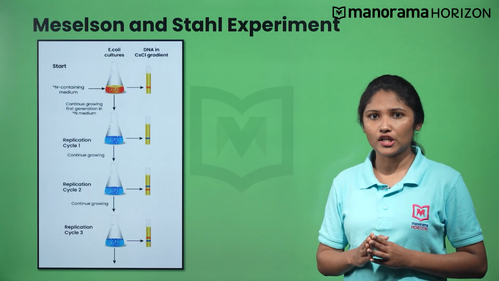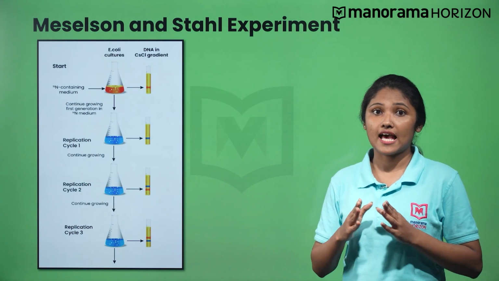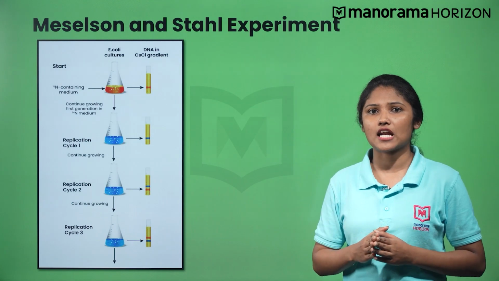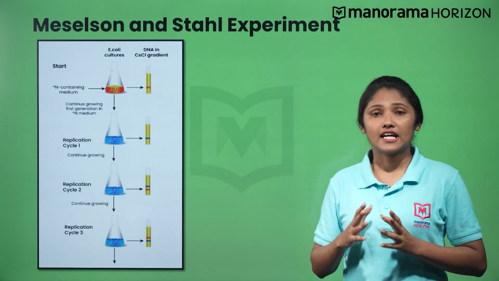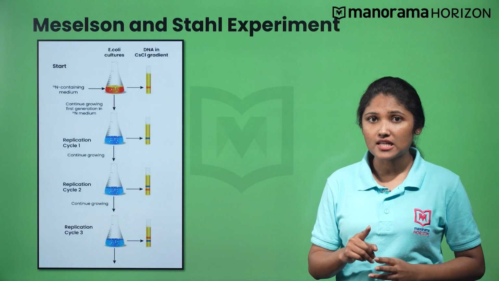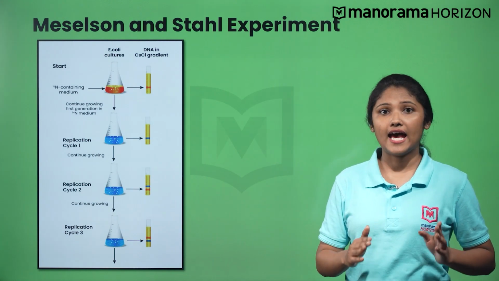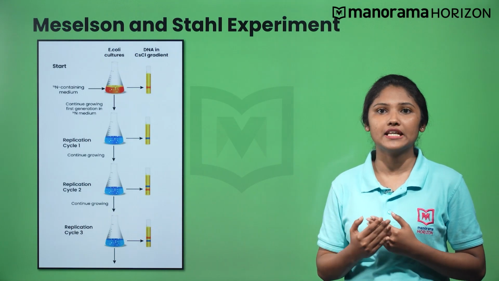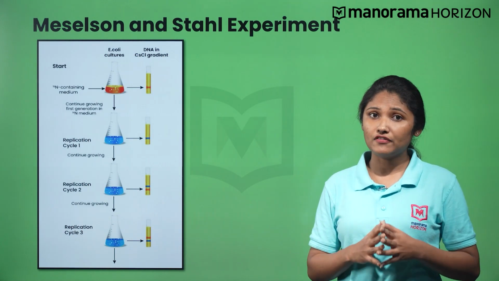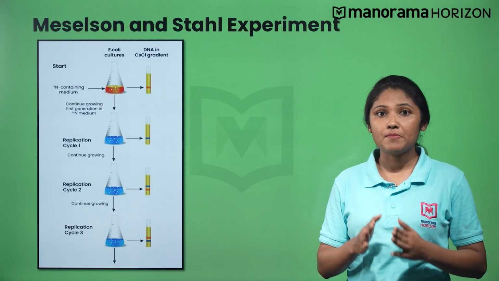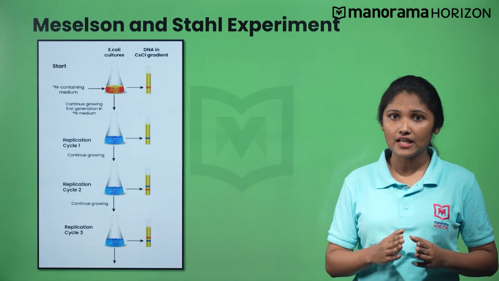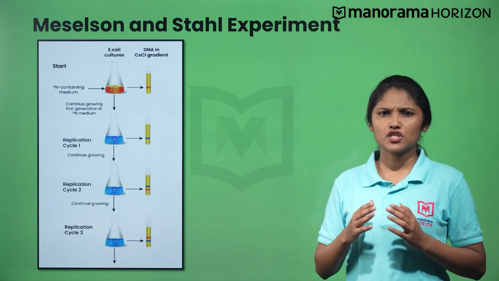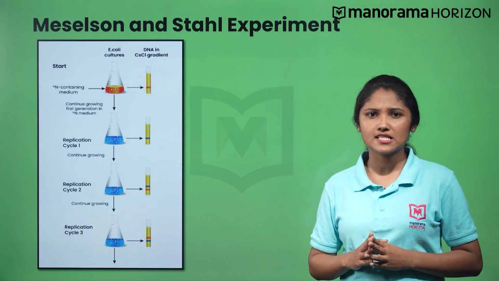The DNA molecule with both strands having N14 has light density and remains around the top of the tube. A DNA molecule with one strand having N14 and the other strand having N15 is said to have intermediate density. The presence of N15 in both strands makes the DNA molecule heavy and moves it closer to the bottom of the centrifuge. So, can you predict the results?